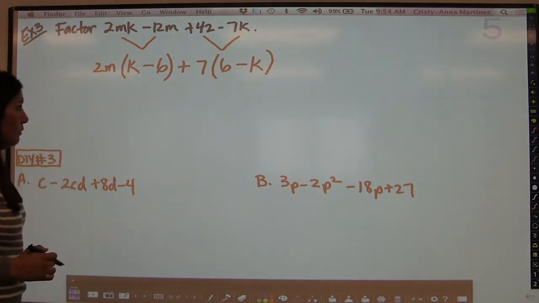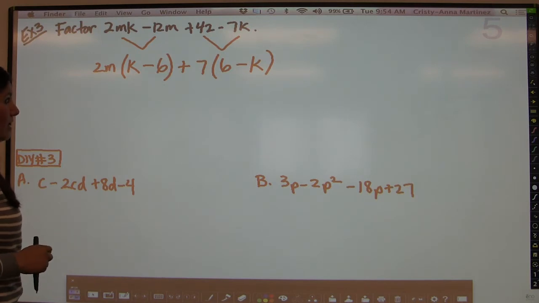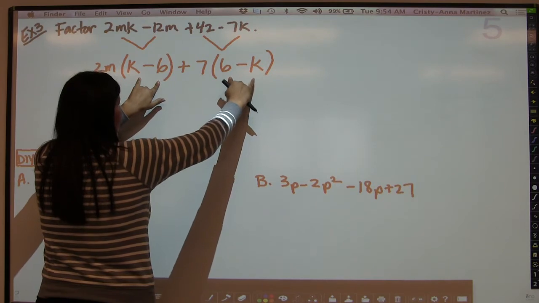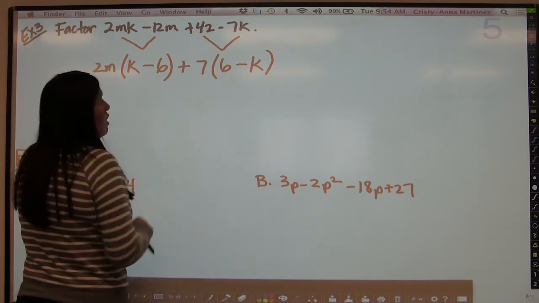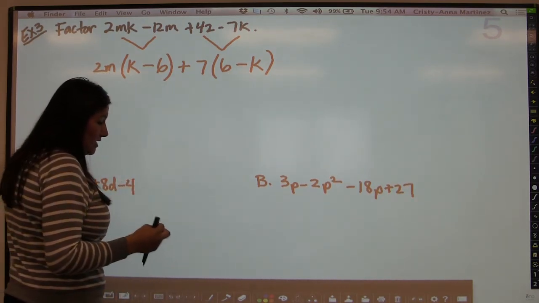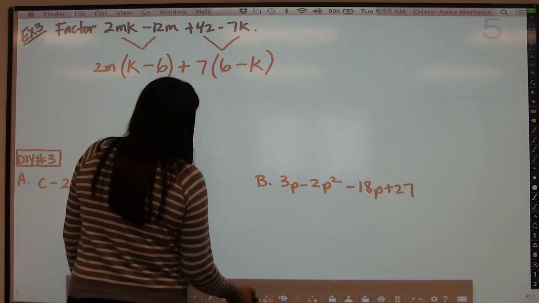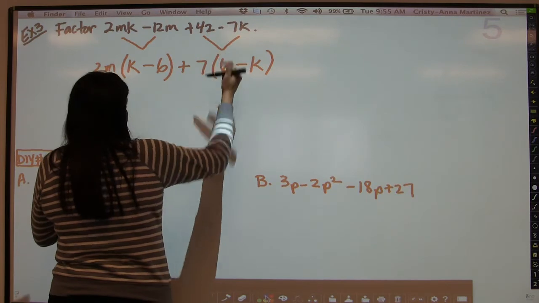Alright, so 7 times 6 is 42, and 7 times negative k is negative 7k. So now what you're probably wondering is that you don't have the exact same identical terms here. You have k minus 6 and 6 minus k, but they're awfully close. Well, there's a couple of ways that you can deal with that. One is from the very get-go, we could have rewritten these in a different order.